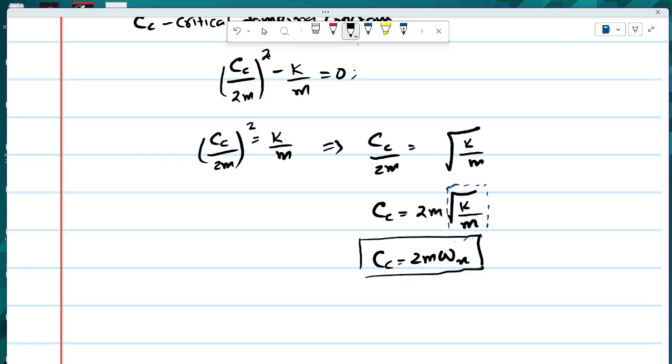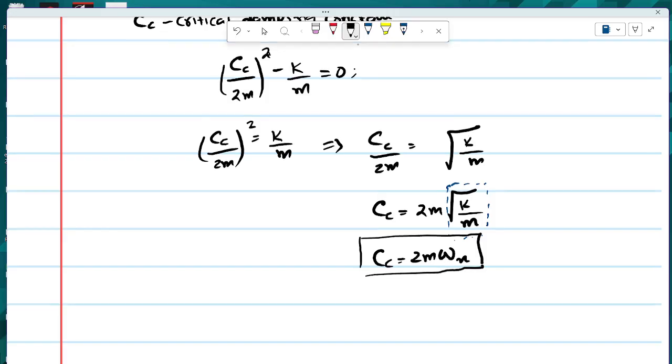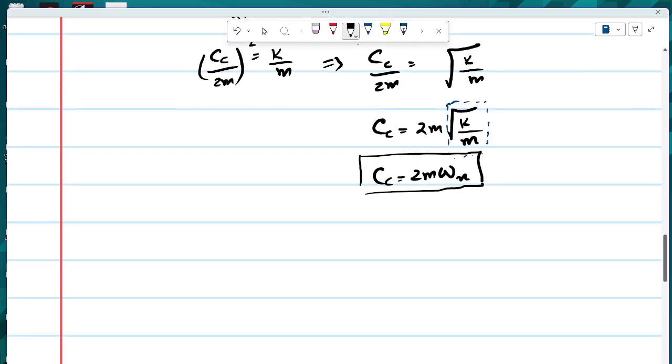Because mechanical vibration has a lot of mathematics involved, and to easily represent the system and the change in its behavior with respect to different changes in its properties, we try to use a dimensionless number, because it simplifies a lot of calculation. So there's a term called the damping coefficient, that's called the damping ratio.